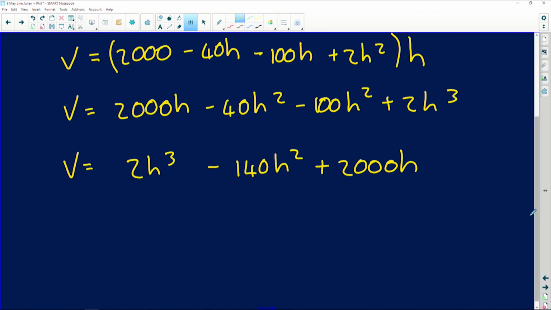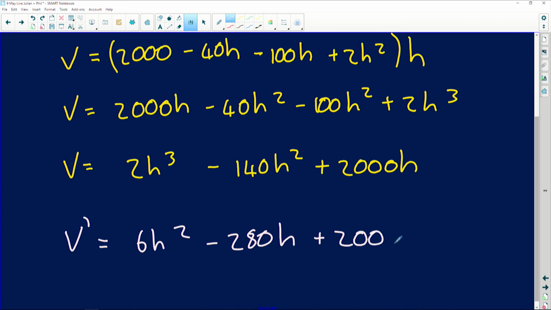Now we've got our formula for our volume. All our terms are separated; it's not terms multiplied by one another. So now it's really easy to do the derivative on the formula we've just found. If we find the derivative of my volume, we're going to get 6h squared minus 280h plus 2000.